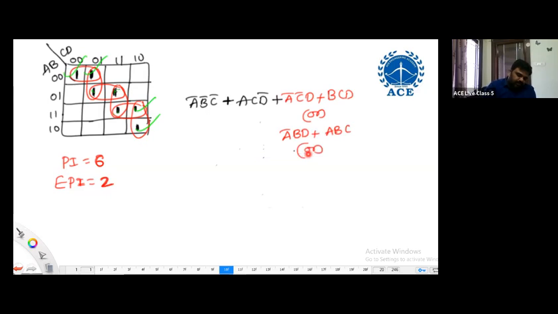Or this is one and this is the second one. This is another way. What is it here? A bar, B, D, plus what is this one?